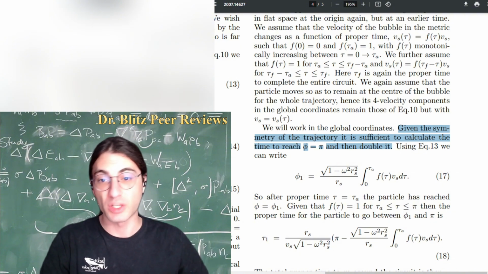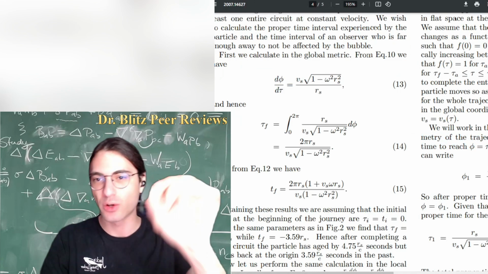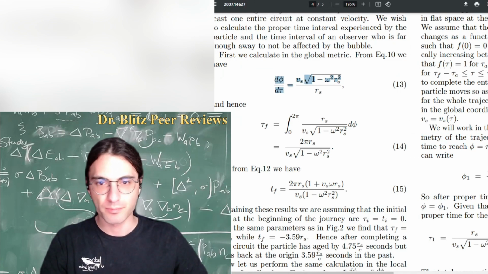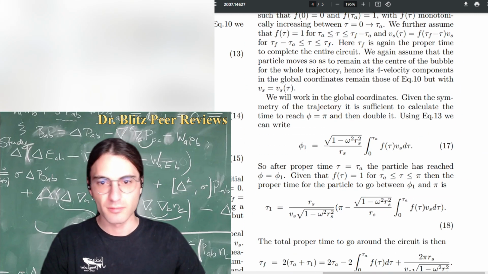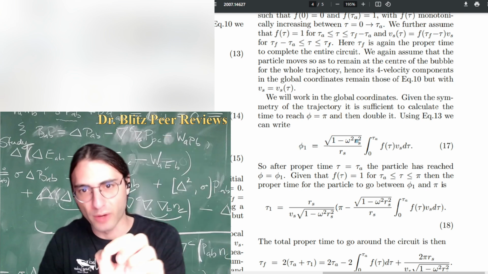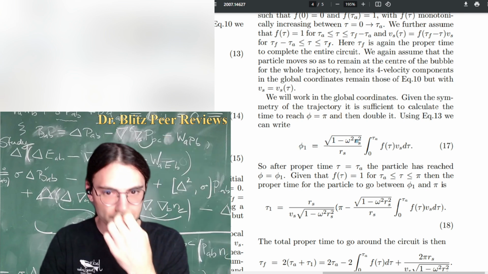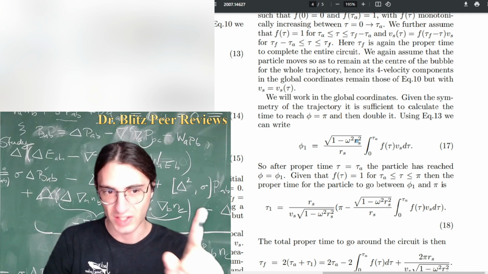Using equation 13, we can write, so equation 13 is this one over here. This is the rate at which the angle changes with respect to proper time. And so you can write phi 1. So phi 1 is how long it takes to get halfway around, right? Oh no, I'm sorry. No, this is not how long it takes to get halfway around.